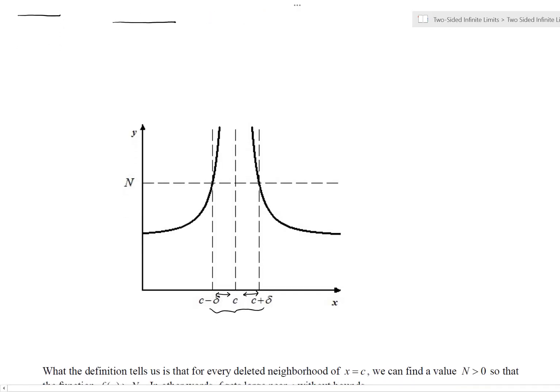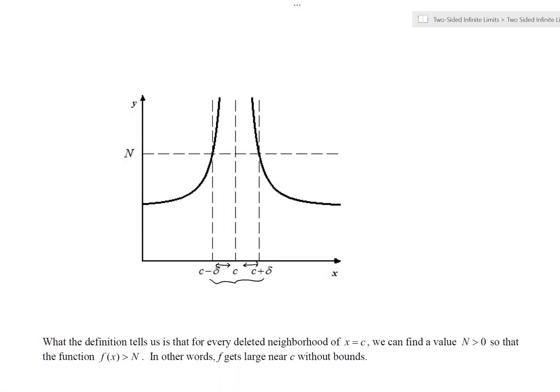So really what that's saying is that no matter whatever deleted neighborhood we pick around this number c, we can find some positive number n so that the function is always bigger than that number n. In other words, f is going to get large without bounds as we get near c, because the closer we get to c, the bigger the function gets, and then we can find the relationship between n and delta, provided it exists, if this is what's going on.